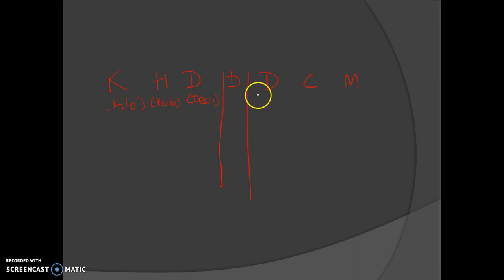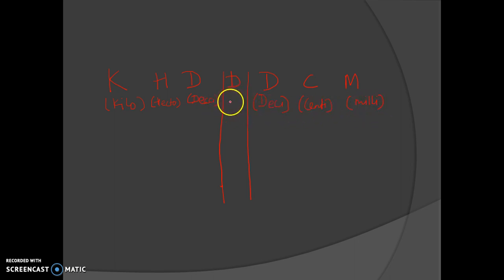And this D is deci, this is centi, and this we use as milli. So this is kilo, hecto, deca, base, deci, centi, and milli.